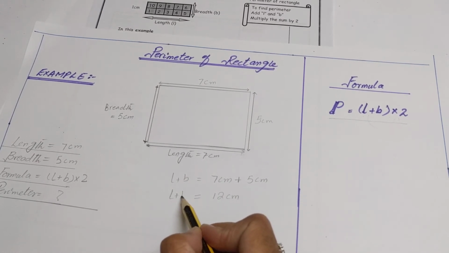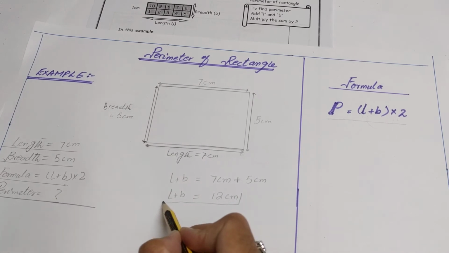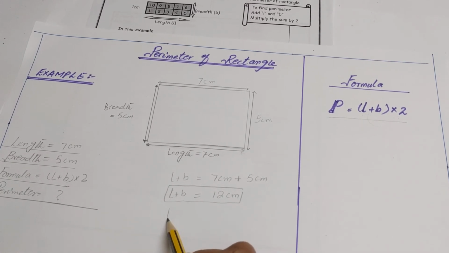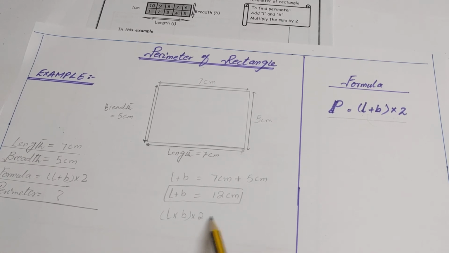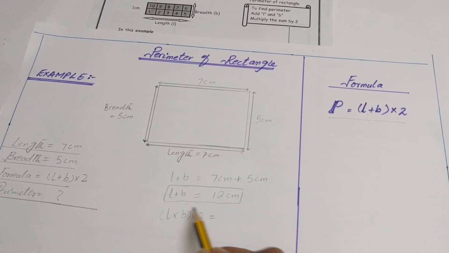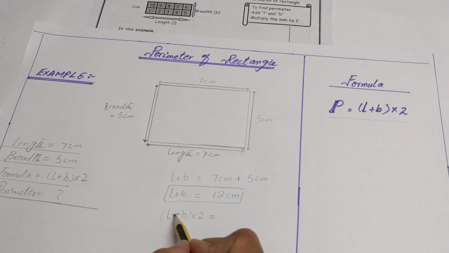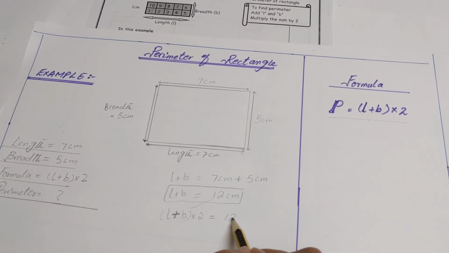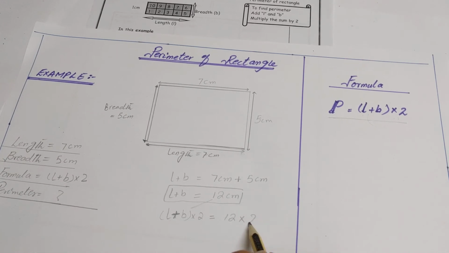Now as there are two lengths and two breadths, we will multiply this sum by 2. Sorry, this one is addition. Length plus breadth is equal to 12, multiplied by 2. So 12 2s are 24.